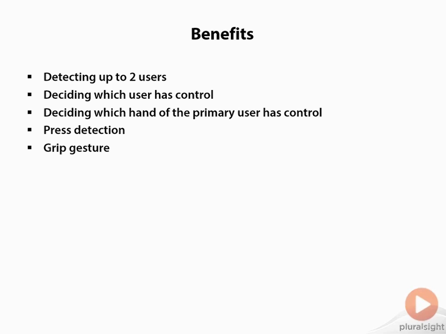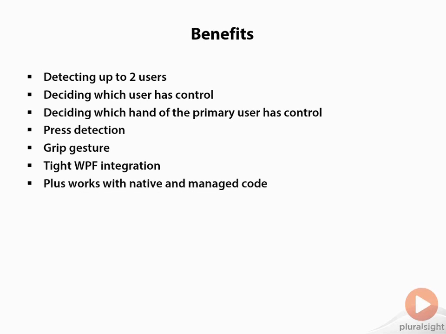And finally, Kinect Interaction offers tight integration with the WPF control model, which makes it almost as easy to create an application controlled by Kinect as if you're creating a mouse or a touch application. You don't have to use Kinect Interaction with WPF. There is a pure .NET and even a native API for these features.